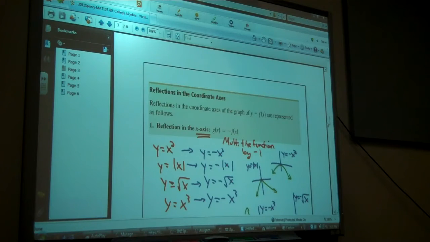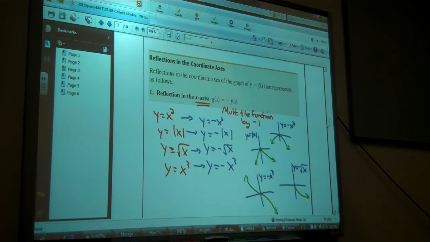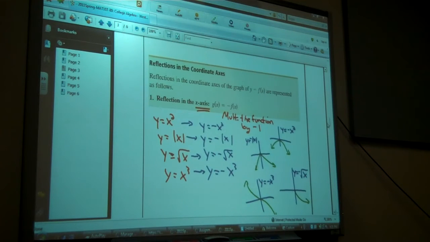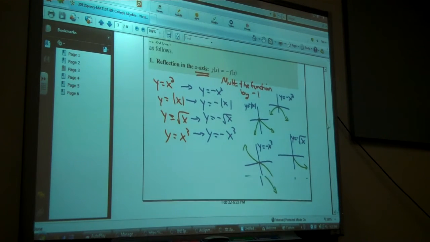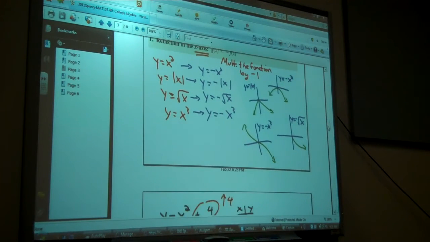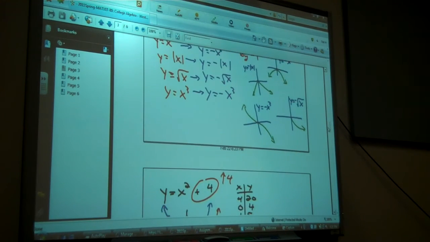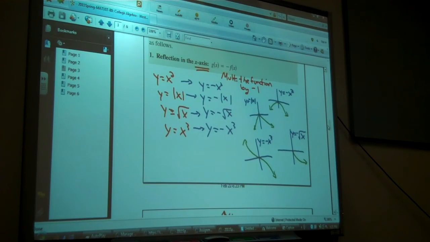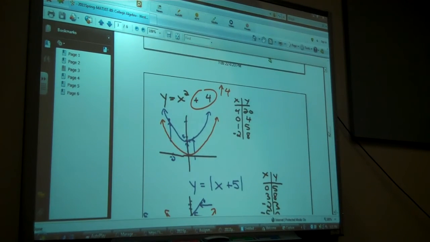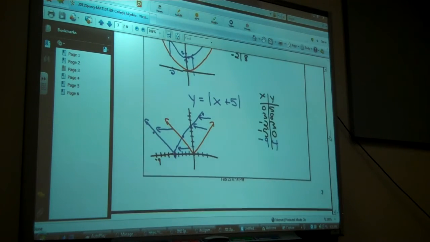And then after that, we looked at reflection, but only one type of reflection, over the x-axis. That's accomplished by putting a negative in front of the function, multiplying the function by -1. All your positive y values are going negative now. All your negative y values are going positive. And then we did some combining.